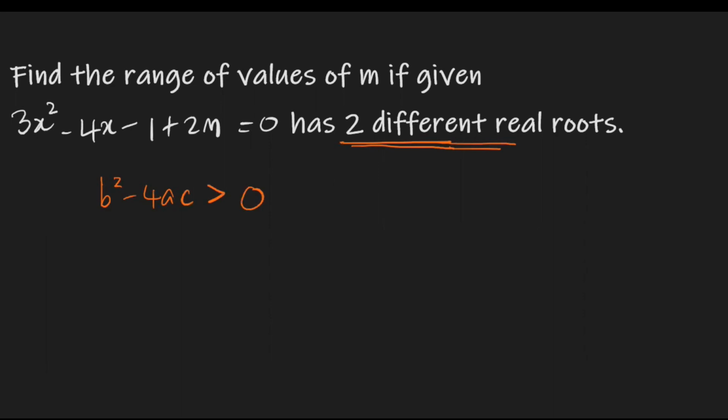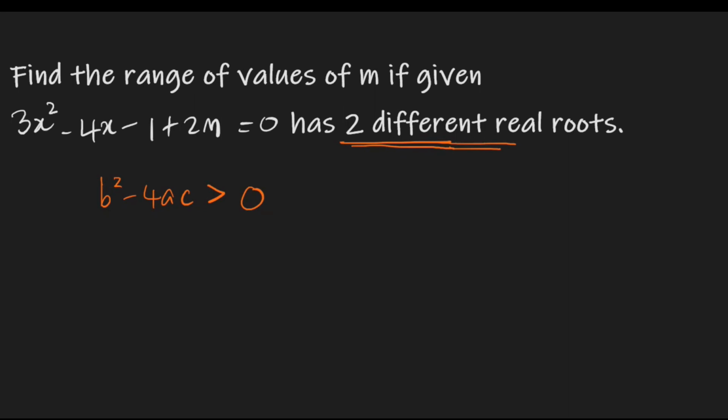Of course, you need to make sure you can clearly find which one is the b, which one is the a, and which one is the c from your equation. If you have forgotten, you can watch back at the previous video where I talk about the discriminant and finding the number of roots for an equation. That's why you must subscribe to my channel.